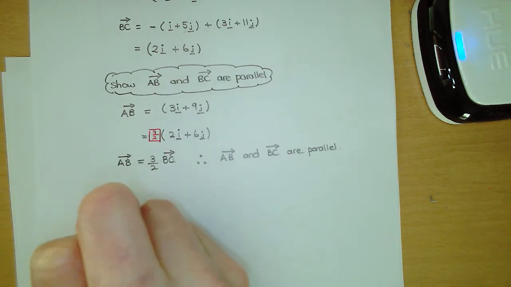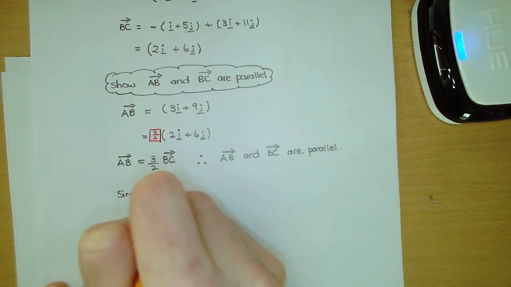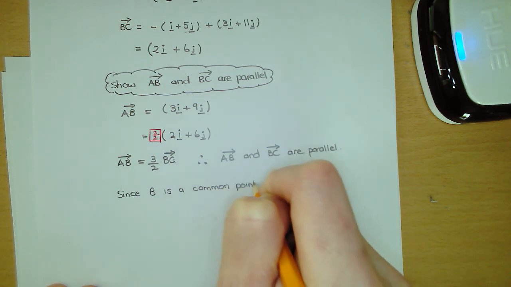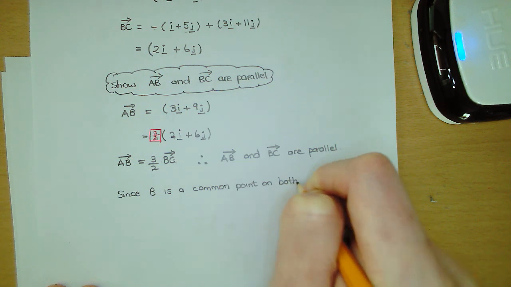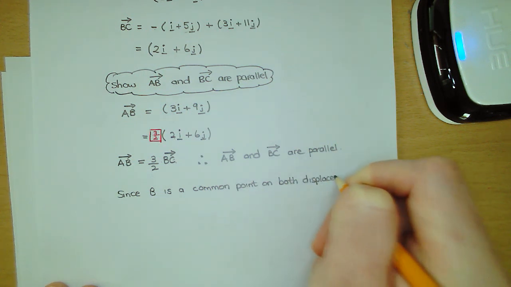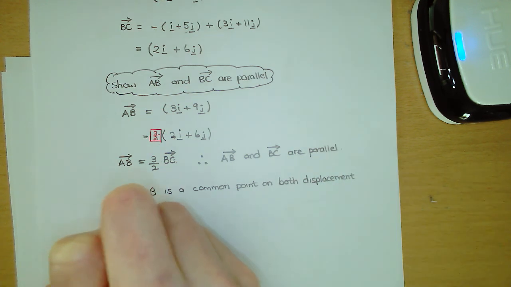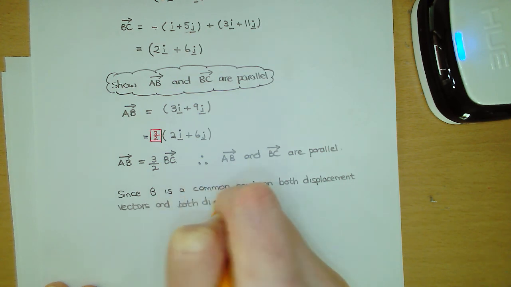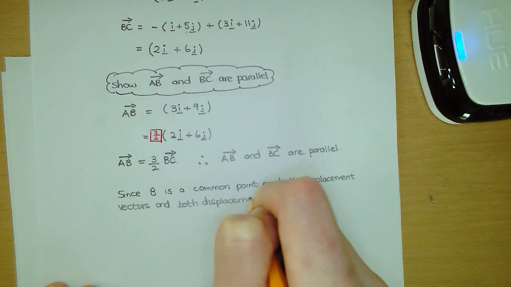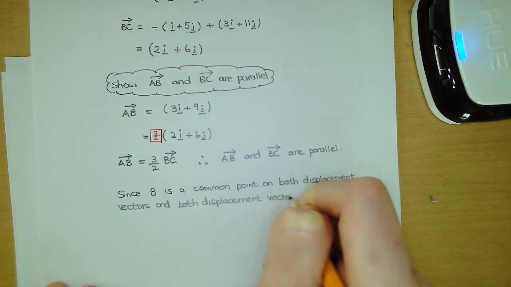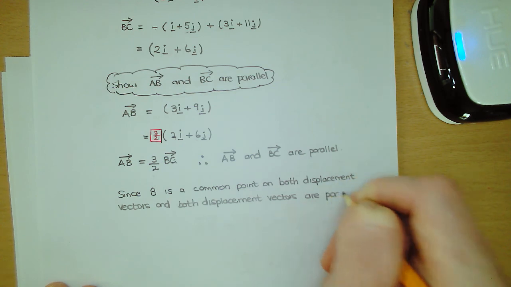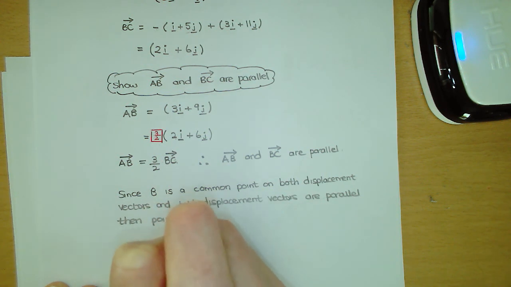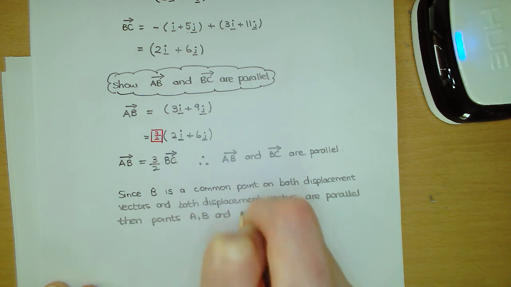So since B is a common point on both displacement vectors, and both displacement vectors are parallel, then points A, B and C must be collinear.